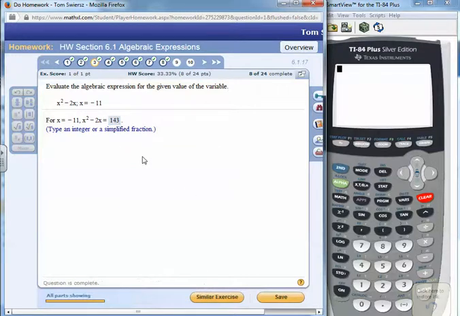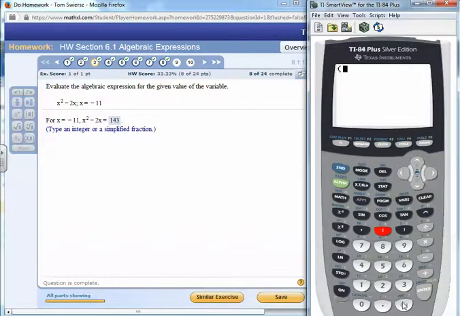Again, on the calculator, you need parentheses around the -11 because it's negative. So -11, that number is squared, and then subtract 2 times, again, x is -11 in parentheses. Oh, I didn't hit the square.